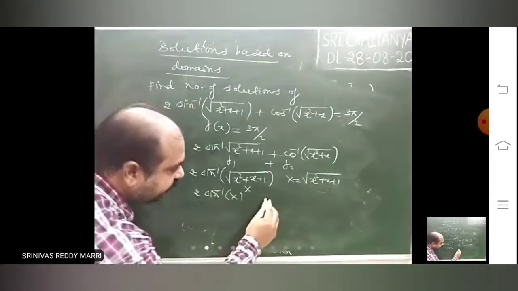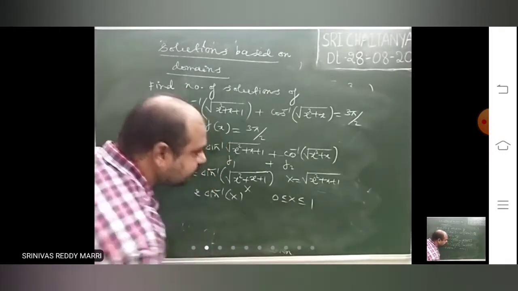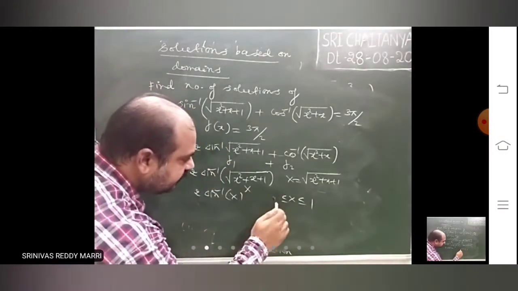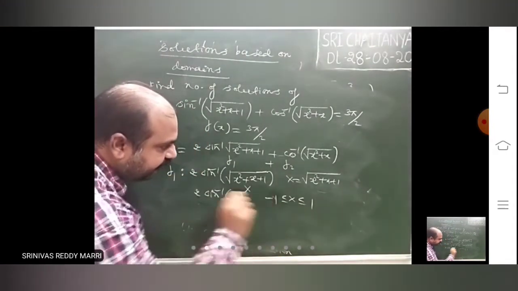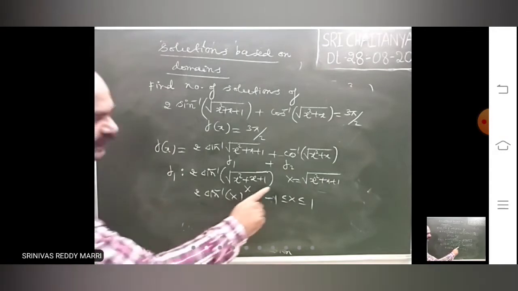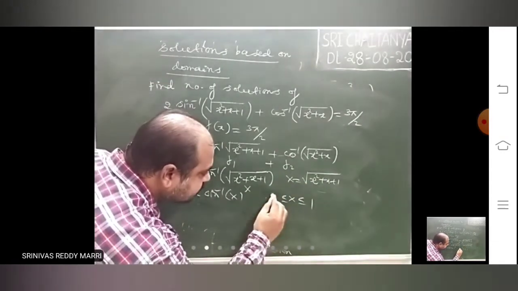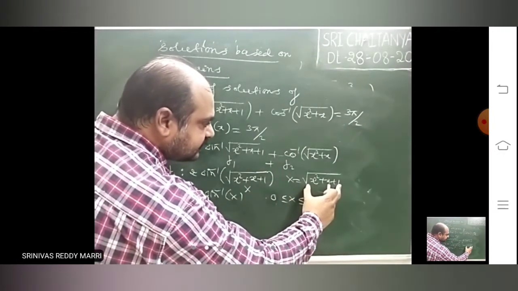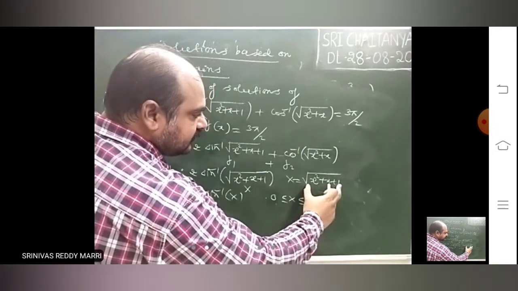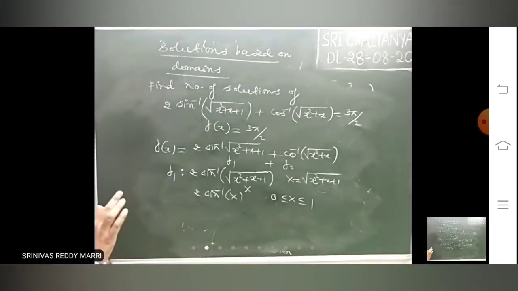Root is positive. Even if you write minus 1 to 1, capital X is already positive, so instead of minus 1 to 1, you write 0 to 1, because this is a positive quantity. So capital X must lie between 0 and 1.